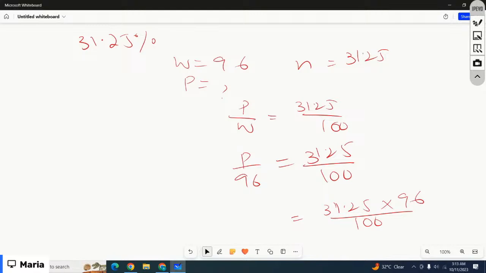So when we do the calculations, it would be 30. That means 31.25% of 96 is 30. The correct option is 30, right? So that's how you calculate the percentage.